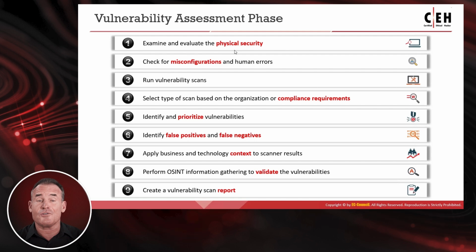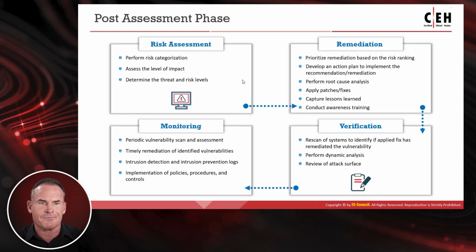That's hugely important. And one of the most fun aspects of a pen test is to see how far you can intrude on the perimeter before somebody challenges you or stops you. So you can get way into the core of a building before anybody looks at you weird. All right, check for misconfigurations, run vulnerability scans, create the scan report. We're going to take a look at an example of a scan report here in just a bit.